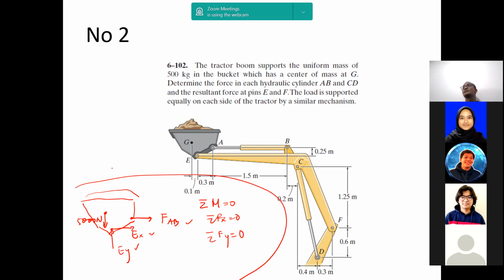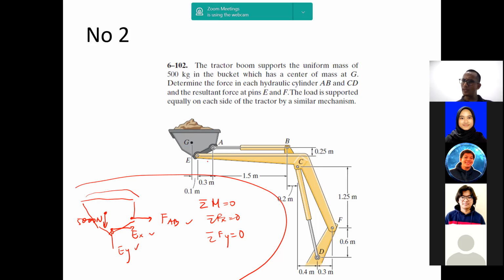After we solve for this, what is our next step? Which free body diagram that we're supposed to draw? I used the F1 after that. F1. What is F1? The free body diagram to calculate the rest.